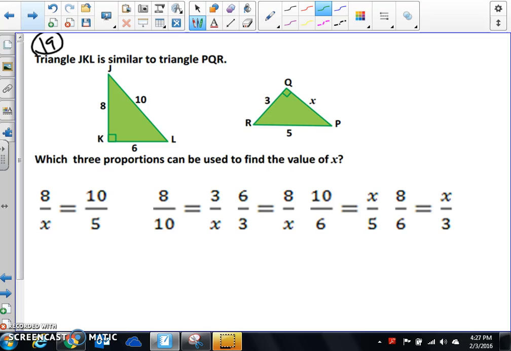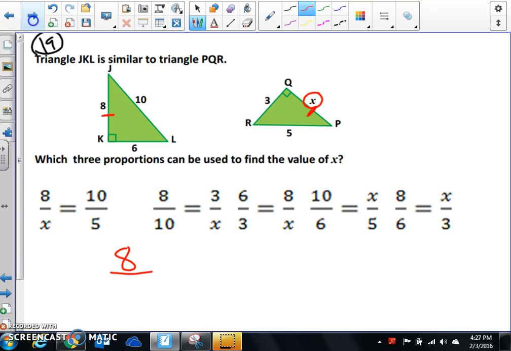All right, triangle JKL, similar to triangle PQR. And then they give us some stuff. Which 3 proportions can be used to find the value of X? All right, so first of all, JK goes with PQ. Okay, so we have to use that one because that's where our X is. So I go left to right.